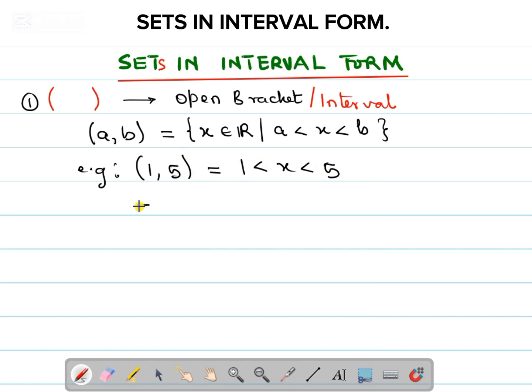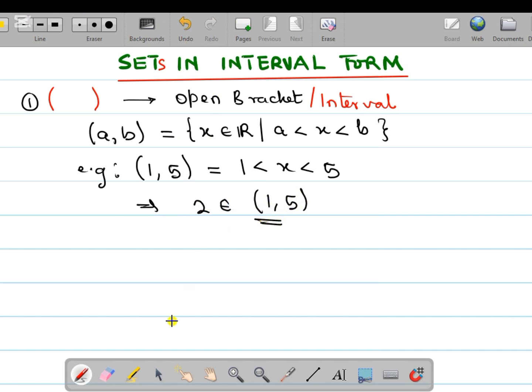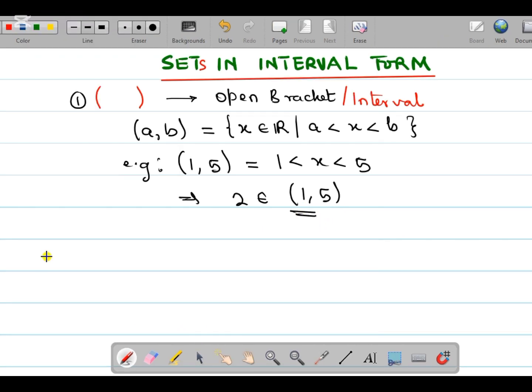In other words, 2 is an element of this interval. That's what we want to achieve in this class, so that you are able to represent sets in interval form and not make them ambiguous.